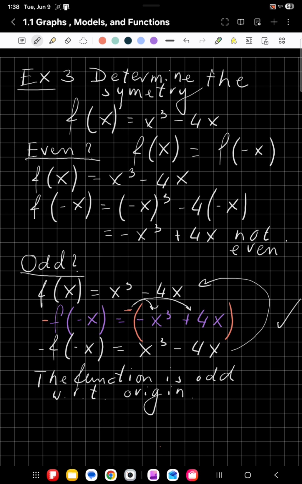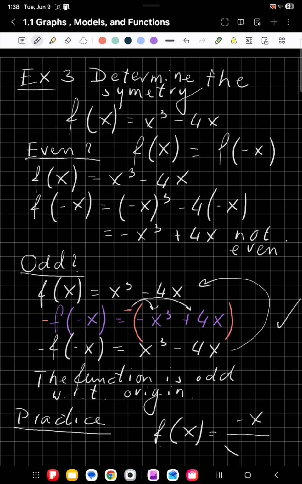Okay, let me stop. Or actually, let me give you a practice problem. Okay, so for practice, try something like this. Let's do f of x maybe negative x.